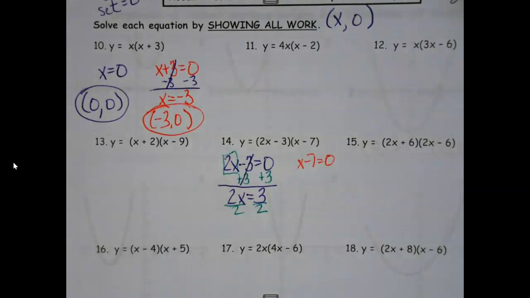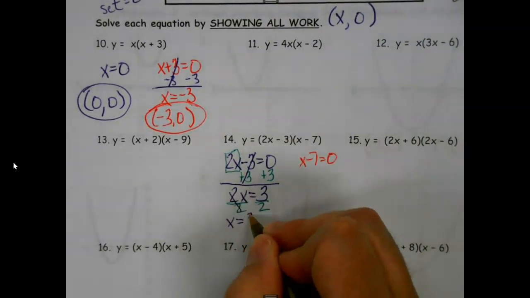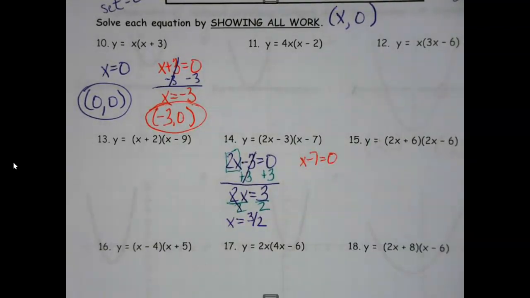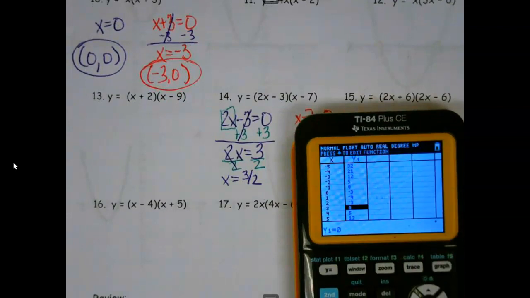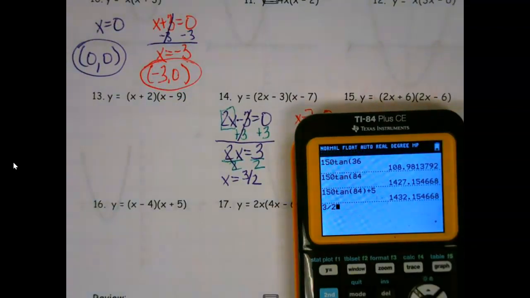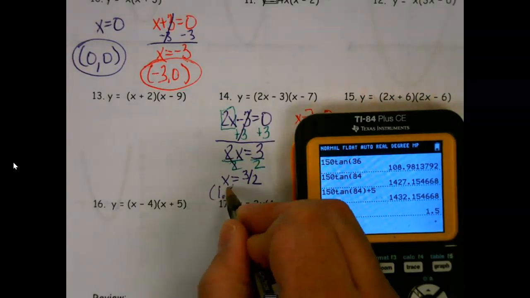And when you get here, and I'll warn you, sometimes I go back and forth with this. I could leave that as a fraction for my answer, but I also see that if I divide it, it's 1.5.